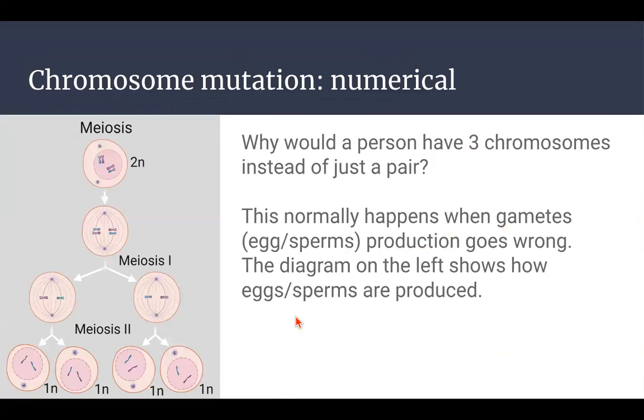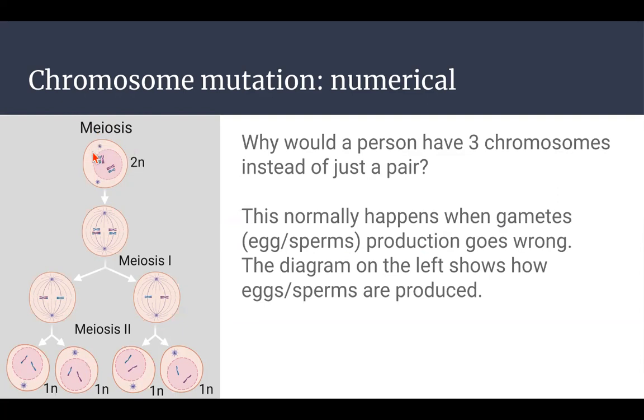Now, why does this occur? Why does this happen in a person? If you look on the left-hand side, this is a process of how sperm and eggs are produced in mammals. This is called meiosis. It's just a name for this type of cell division.